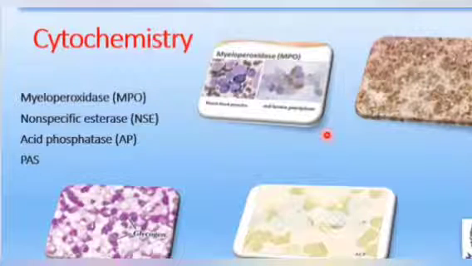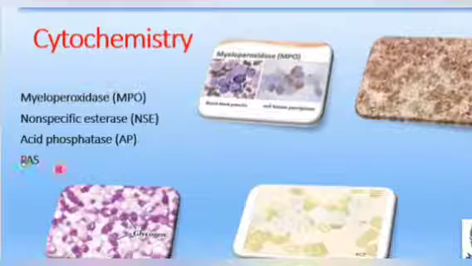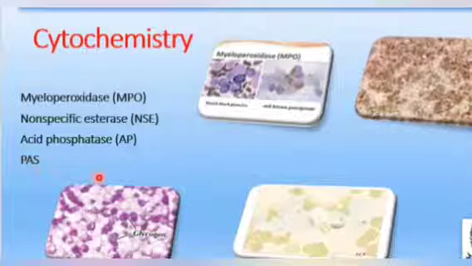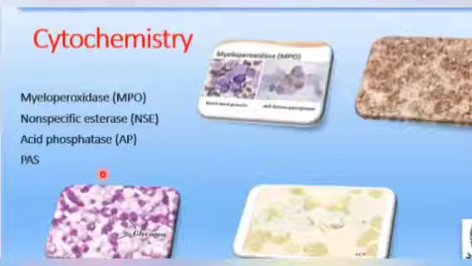And then we have cytochemistry. In cytochemistry, we are performing myeloperoxidase, non-specific esterases, acid phosphatase, and periodic acid Schiff base. So in case of leukemias, further cytochemical stains may be required to differentiate between various FAB types of leukemias.